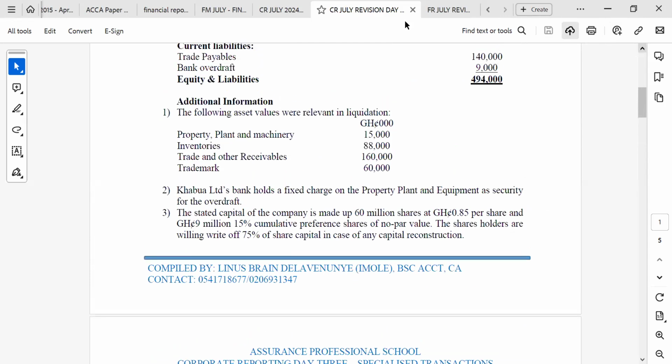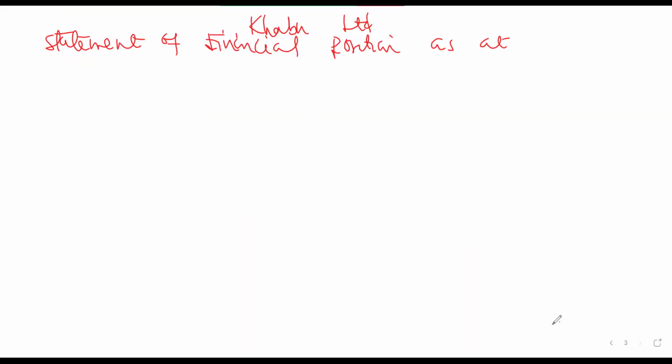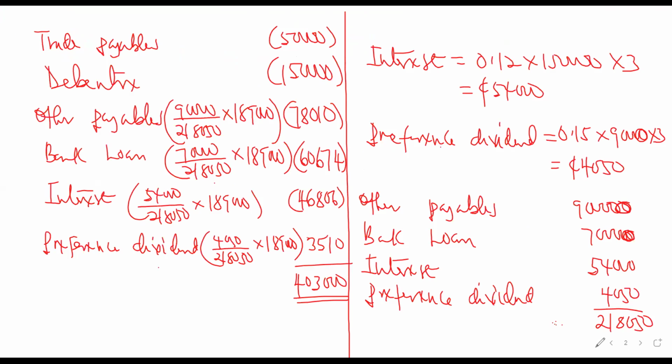Sir, please, I would like to ask if you can use the liquidation aspect that we have completed. If we've been asked to calculate how much each will be losing, like the maximum loss, can you please use this solution to elaborate on it shortly for us? The maximum loss will always come in if you want to do the reorganization.